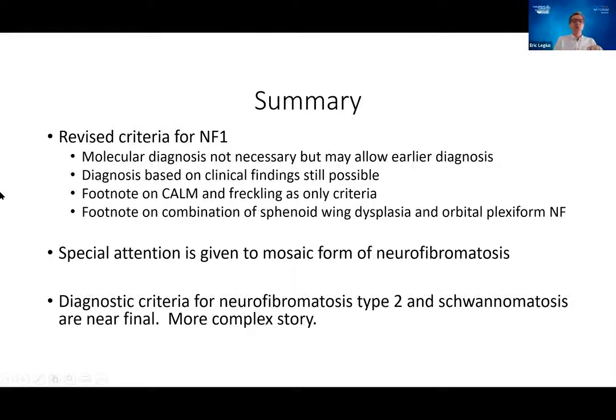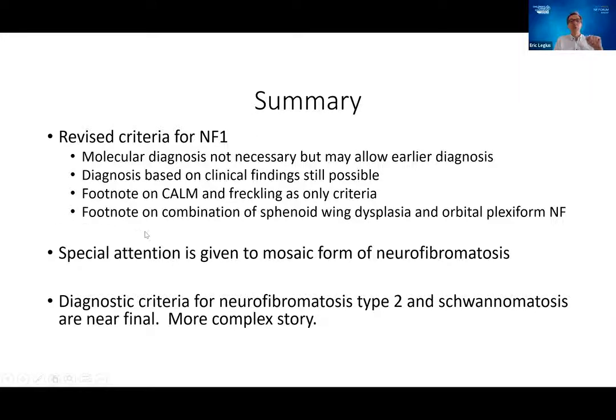So diagnosis based on clinical findings is still possible. There are footnotes on the presence of café au lait macules and freckling as only criteria. And then the doctor has to make sure that it's not anything else, or has to keep in the back of his mind that it might be something else in a rare case.